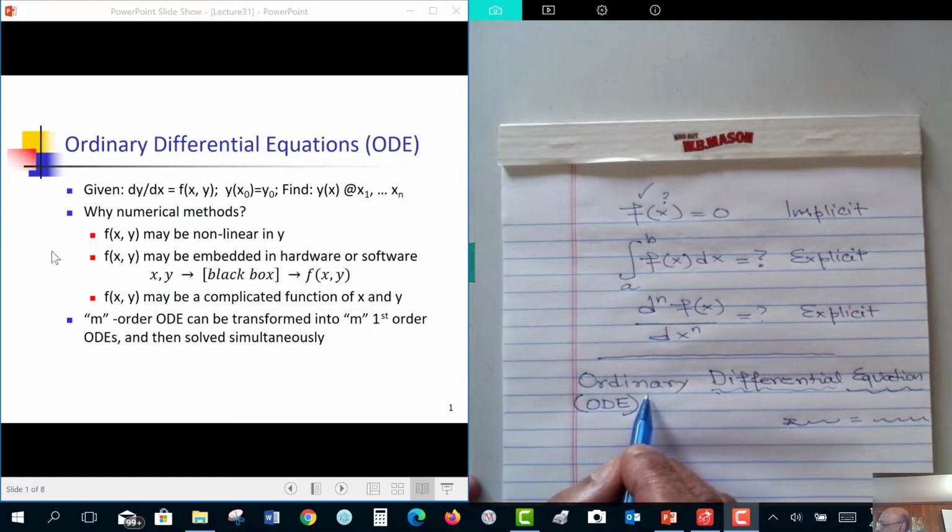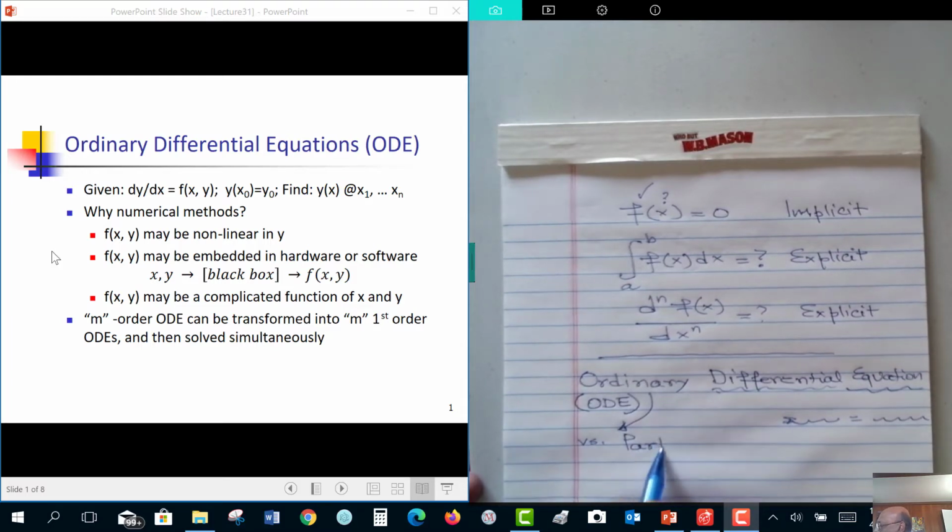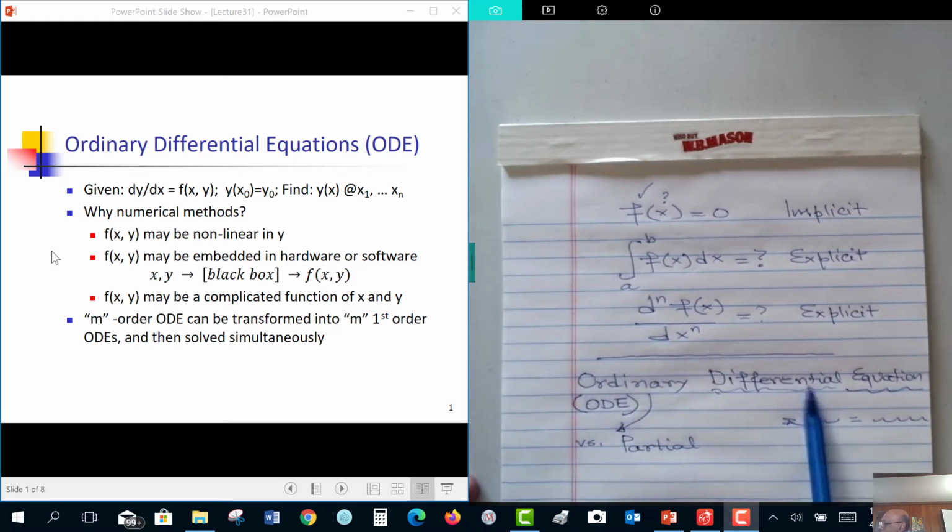What kind of derivative? An ordinary derivative. Ordinary versus partial. So we have two kinds of differential equations: ordinary differential equation and partial differential equation.